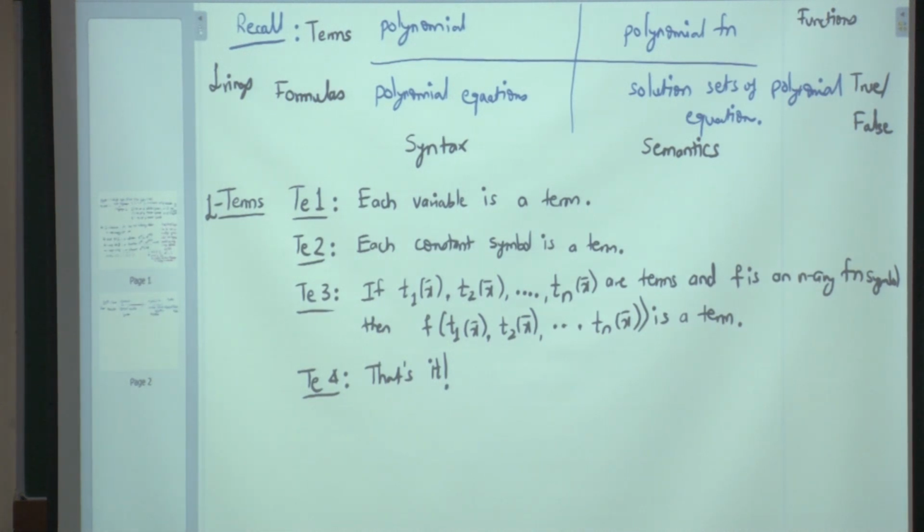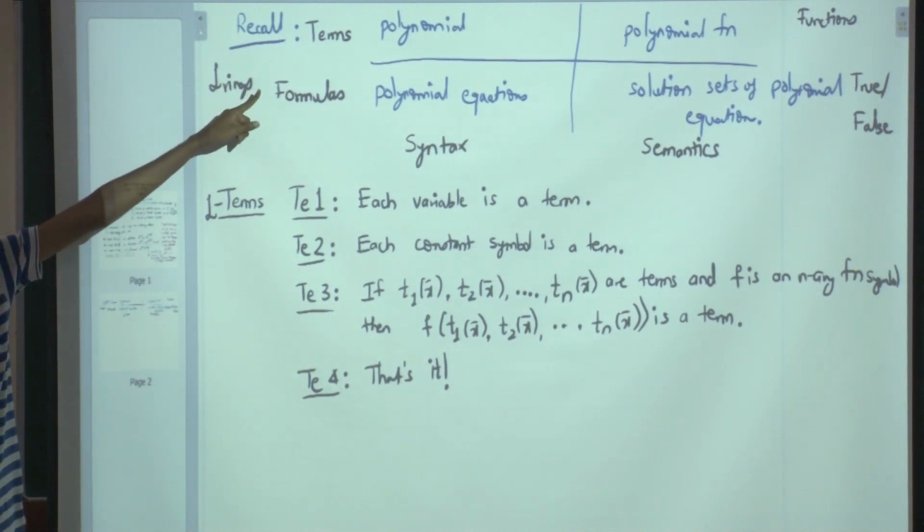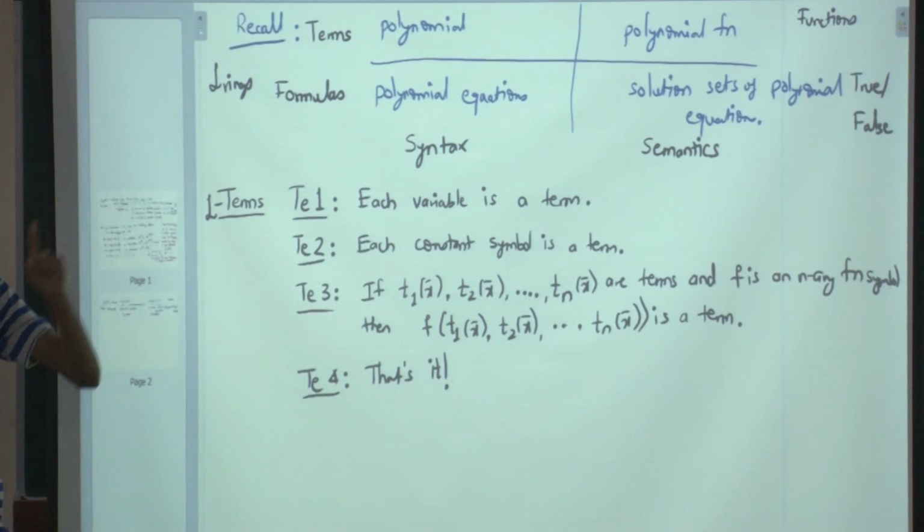Okay. Now, in order to understand this properly, again think about polynomials. If x is a variable, is x a polynomial? Is 0 a polynomial? Then is 0 less equal 1 a polynomial?